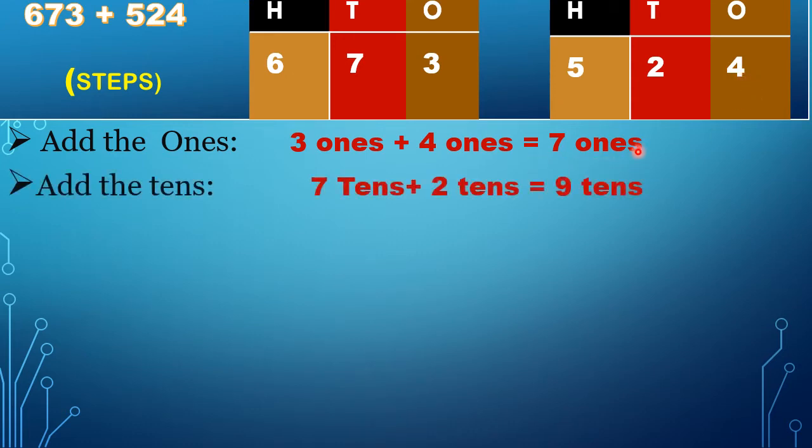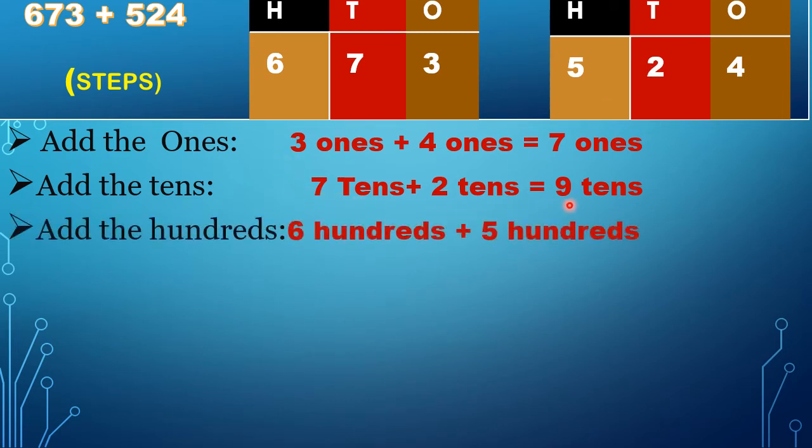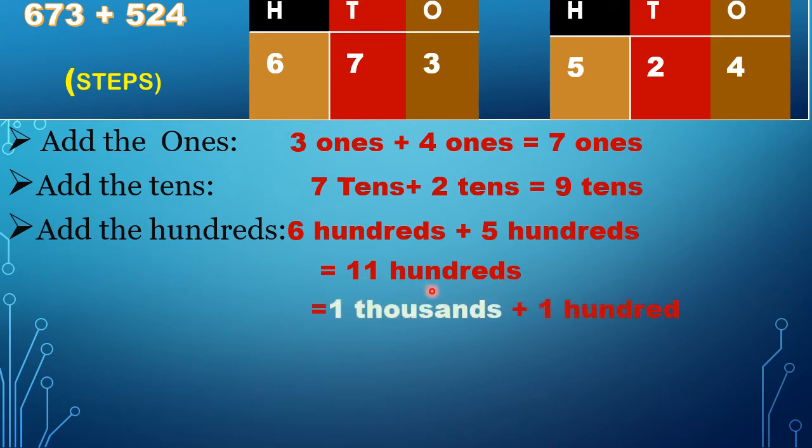Then you add the tens. That is 7 tens with 2 tens will be added and you will get 9 tens. Next add hundreds. 600 and 500 will be added together and you will get 1100. But now how do you write 1100 in the hundreds column?